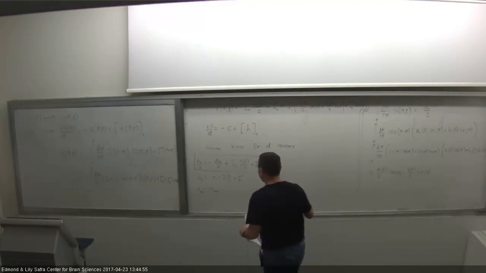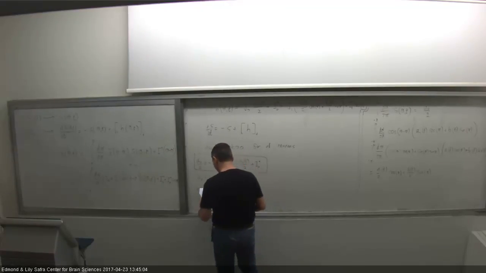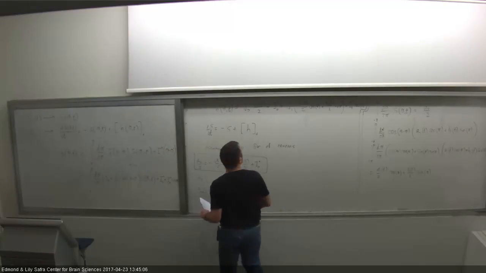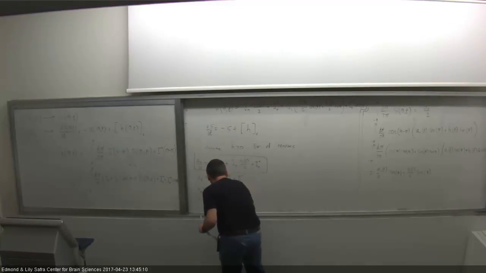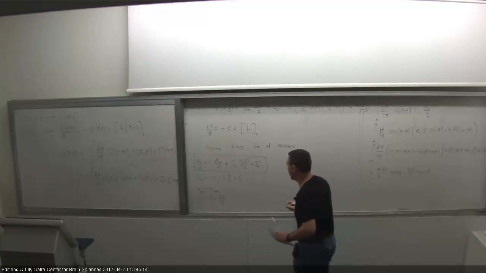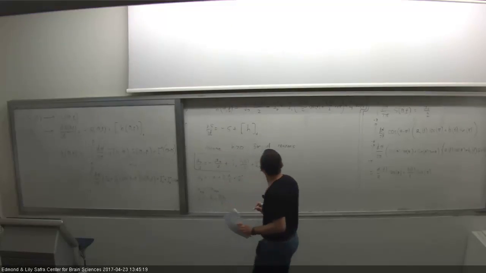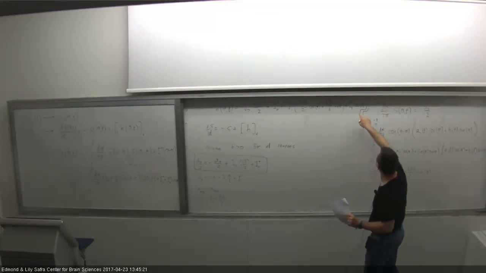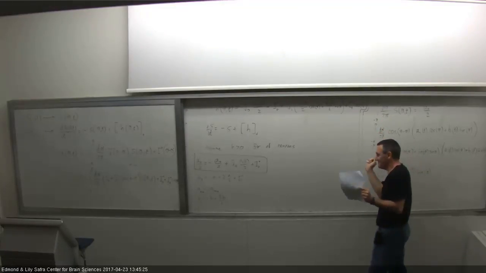Let's talk about B1. What can we say about B1 dot? Well, it's equal to minus B1 plus J1 B1 over 2. No, nothing.